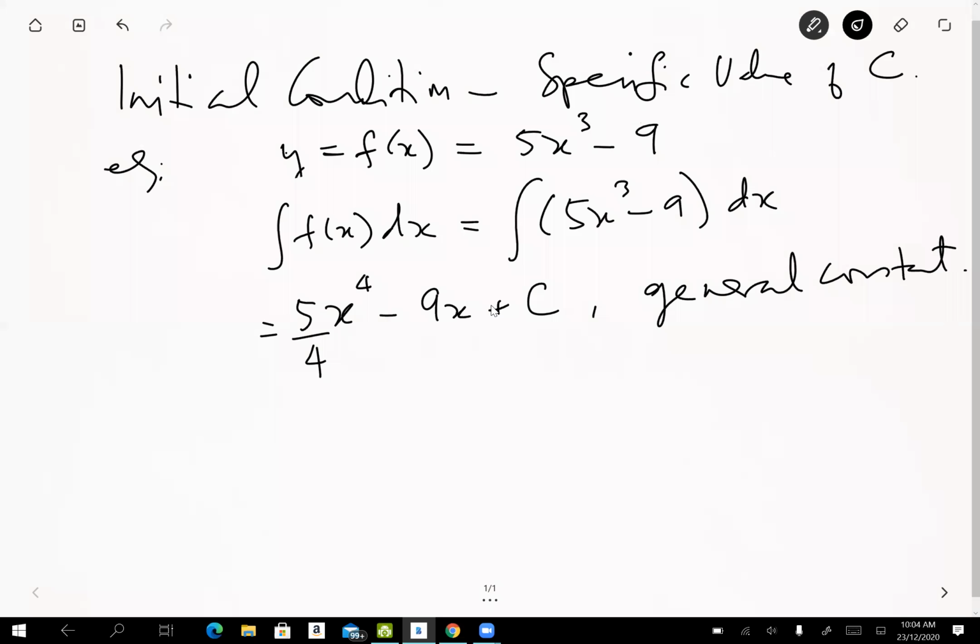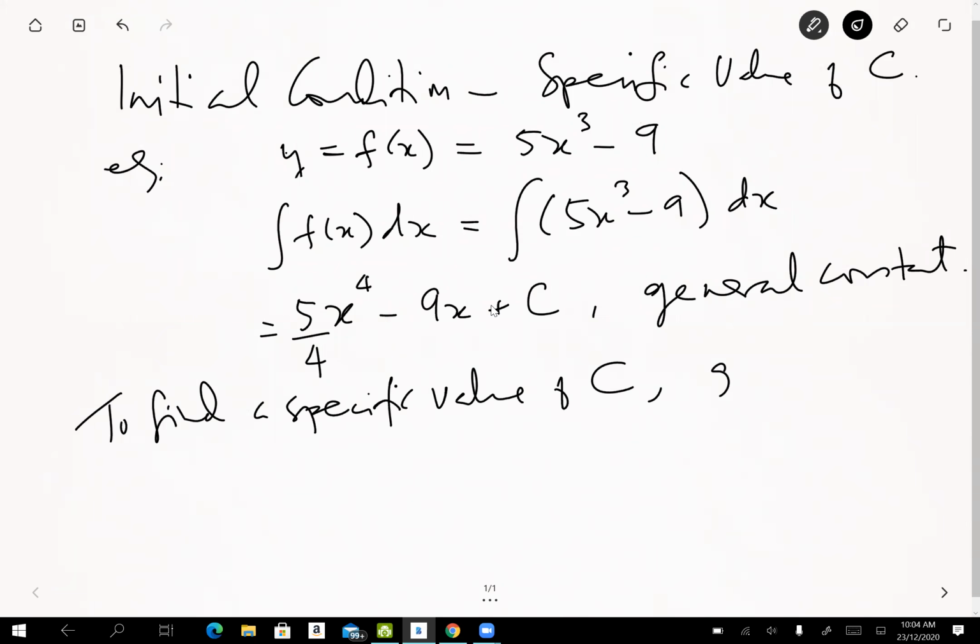So if you want to find a specific value of C, that is where you use the initial condition. All right, so given an initial condition. Initial condition basically is a point.